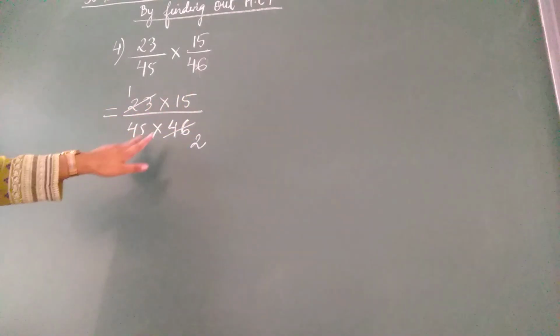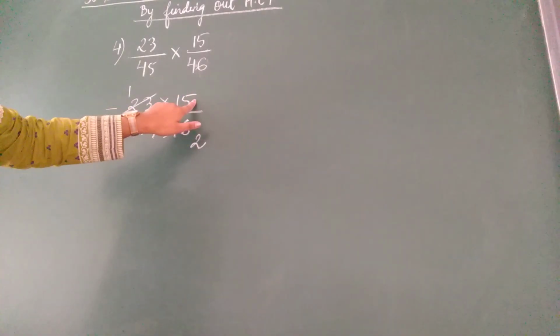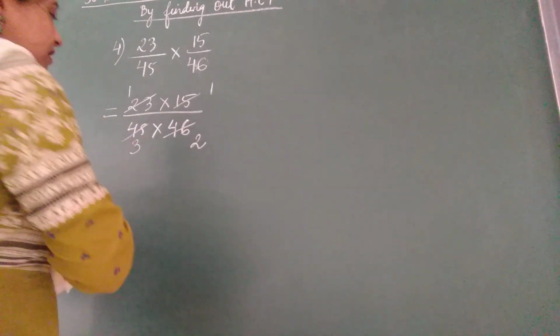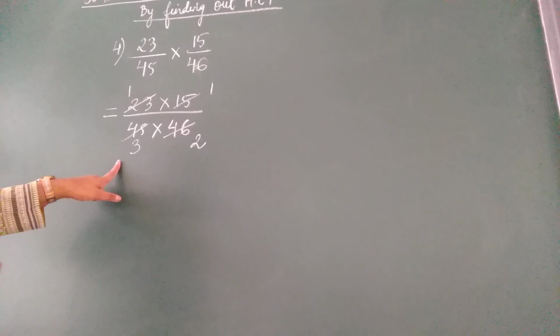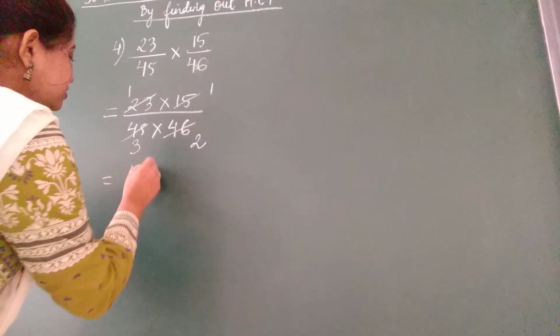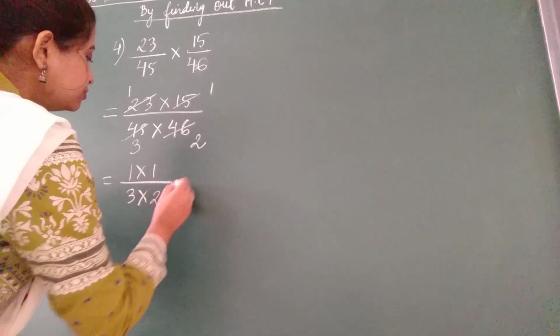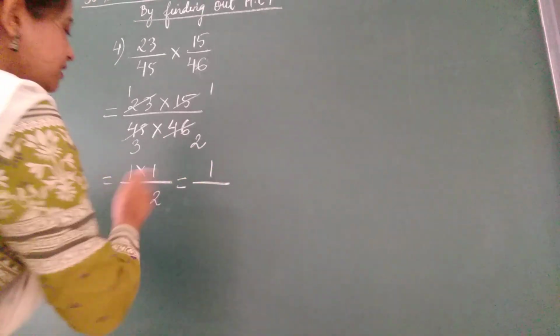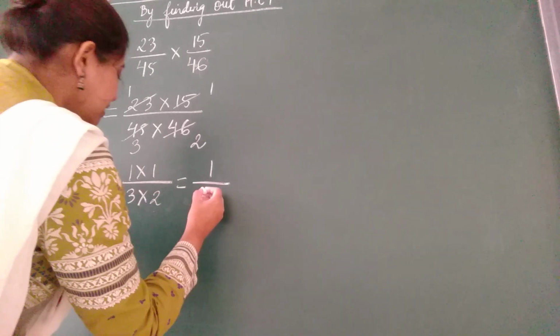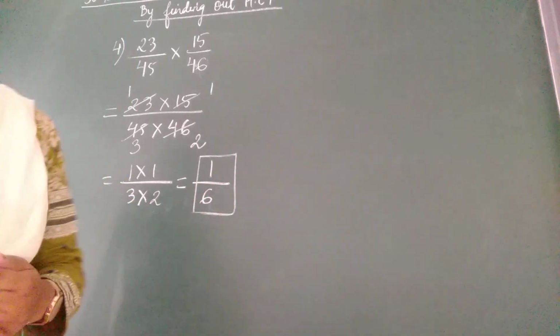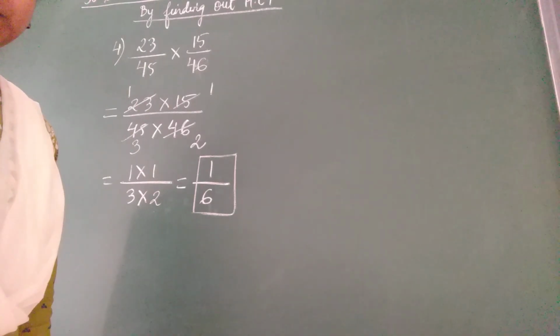Also 45 is divisible by 15. How? 15 ones are 15. 15 threes are 45. So in the numerator we have 1 into 1 and in the denominator what is remaining? 3 into 2. So the answer is 1 ones are 1 and 3 twos are 6. So this is the answer, 1 by 6.